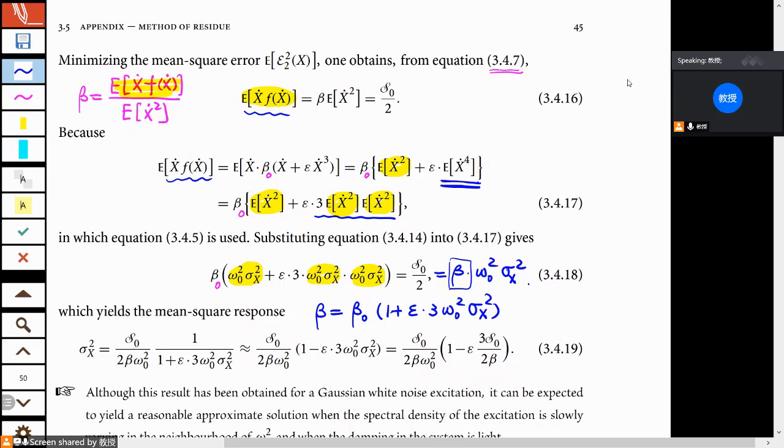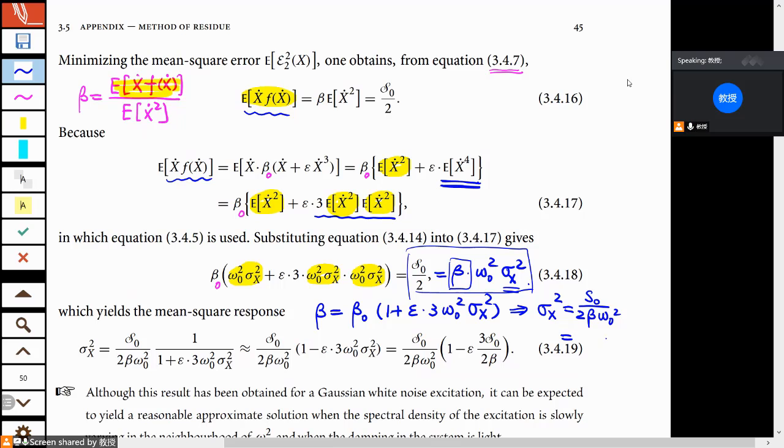Okay. So from this equation, we find that sigma x squared is S0 over 2 beta omega 0 squared.